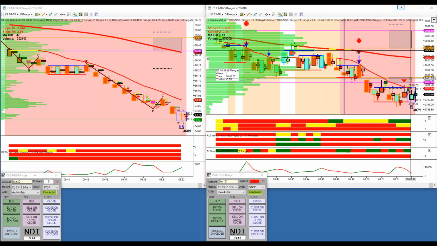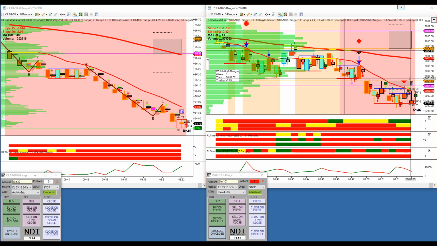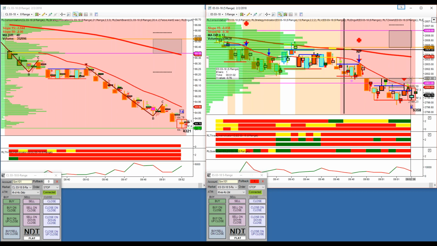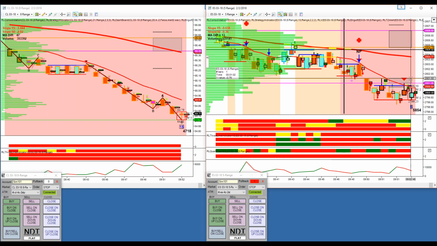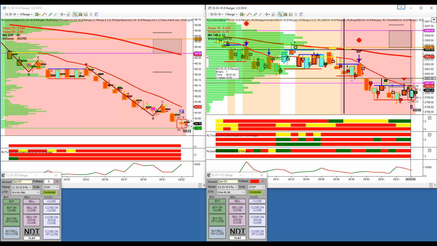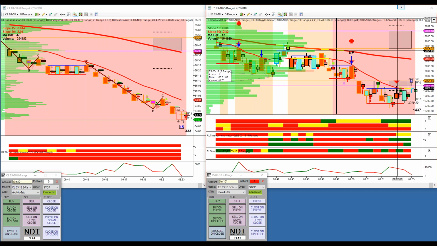Quant line's green. No trade on a major quant green.